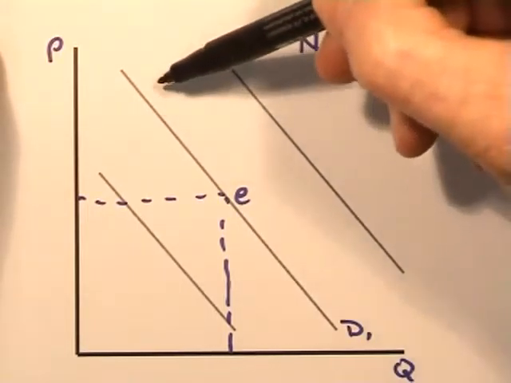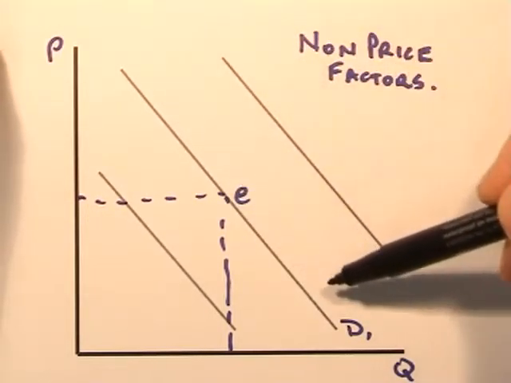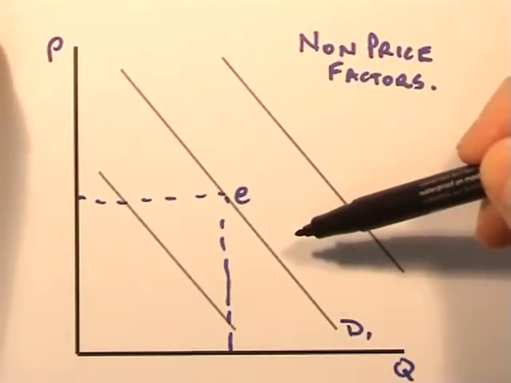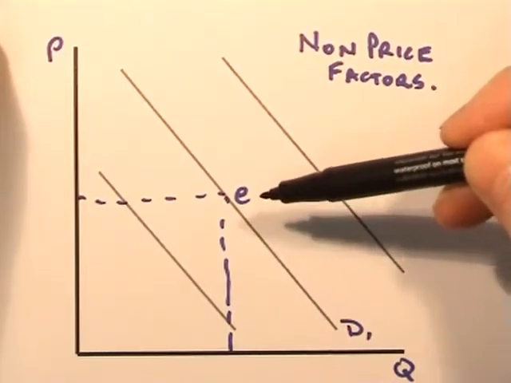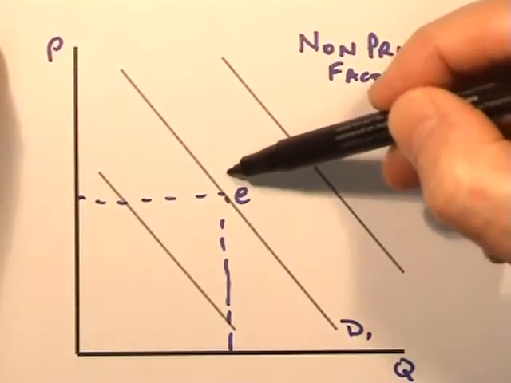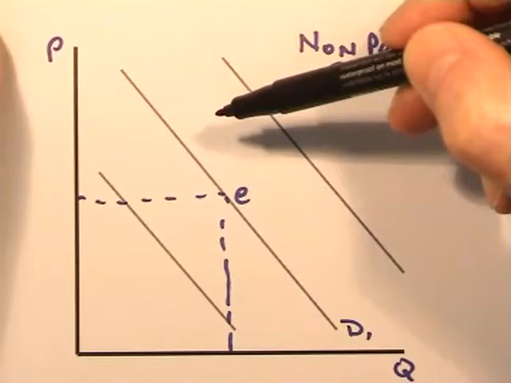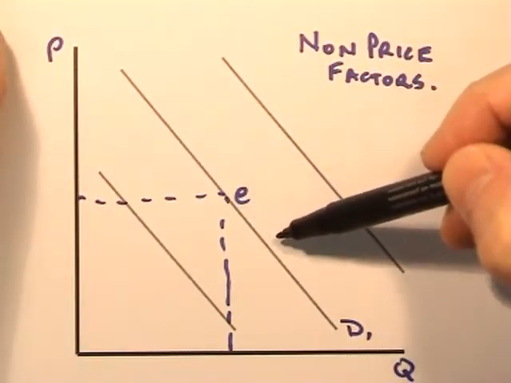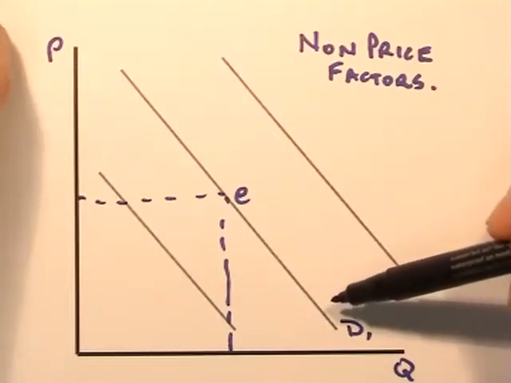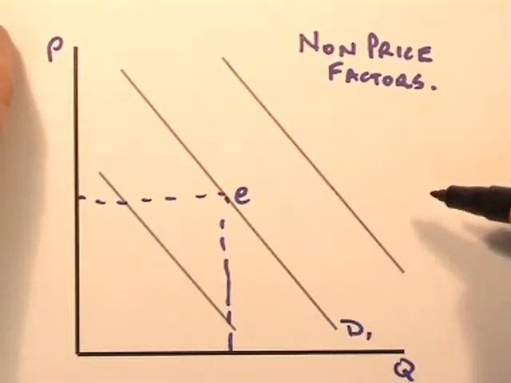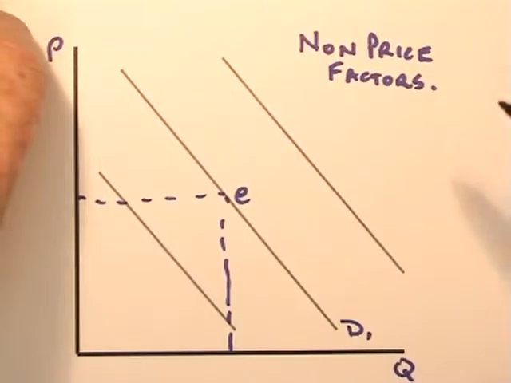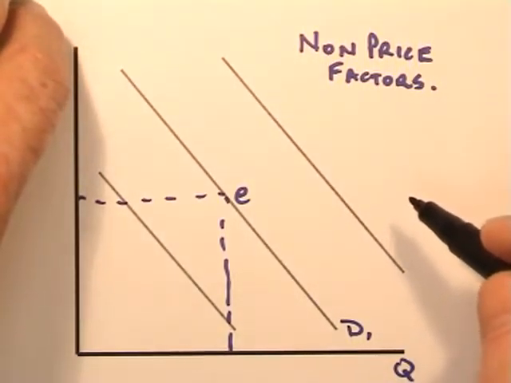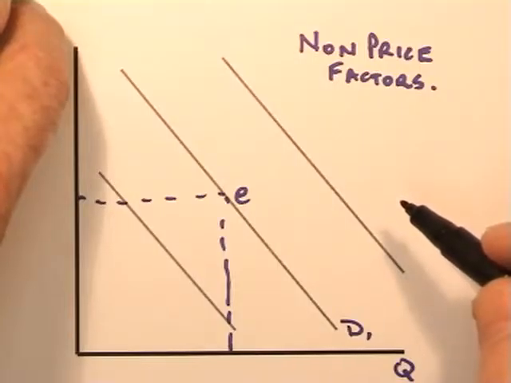And remember again that if we moved along this curve in any direction, we had a movement, and that movement could have been a contraction of demand, in which case it would have been going this way, and if there was an increase, then we would have had an expansion of the market just at that point. What happens now with non-price factors is that these change and it creates a shift in the curves.